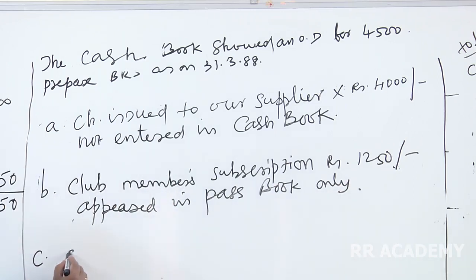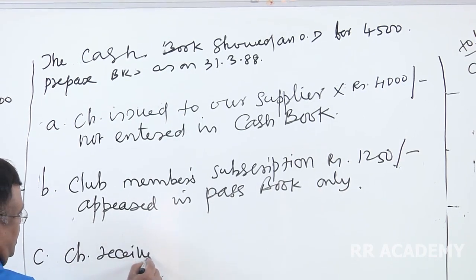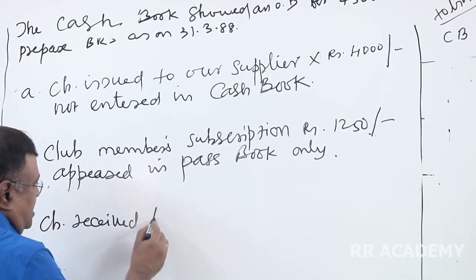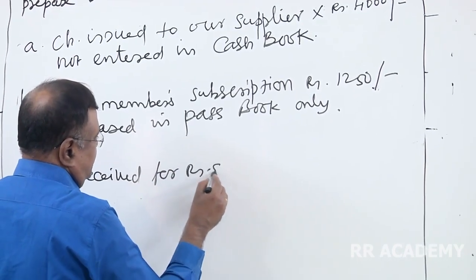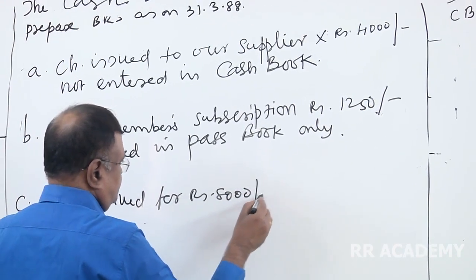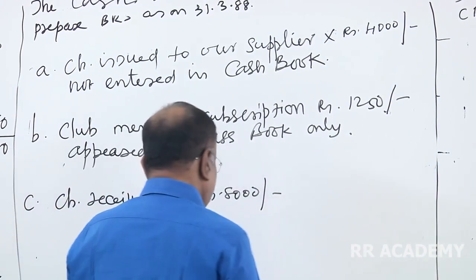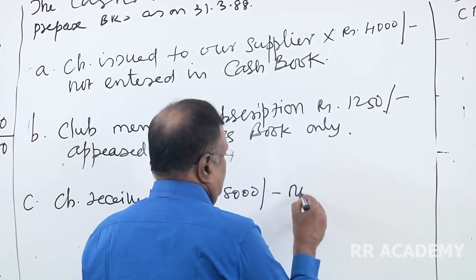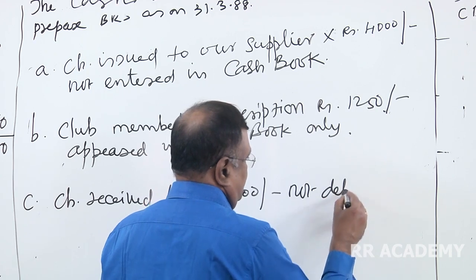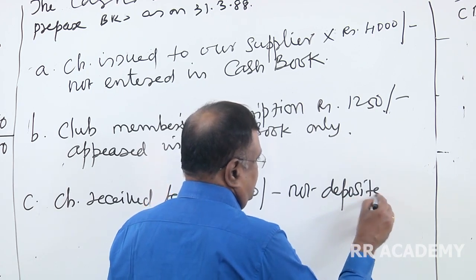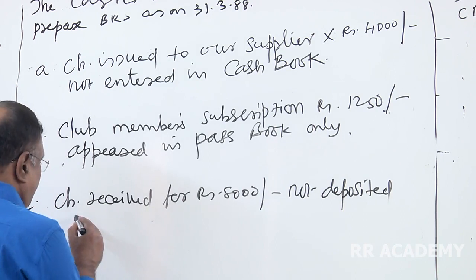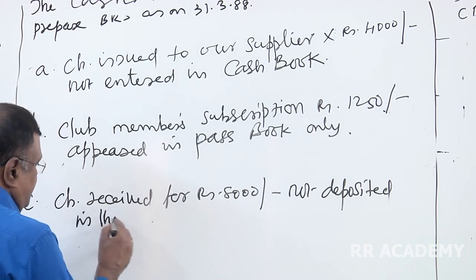C. Check received for rupees 8,000 not deposited in the bank.